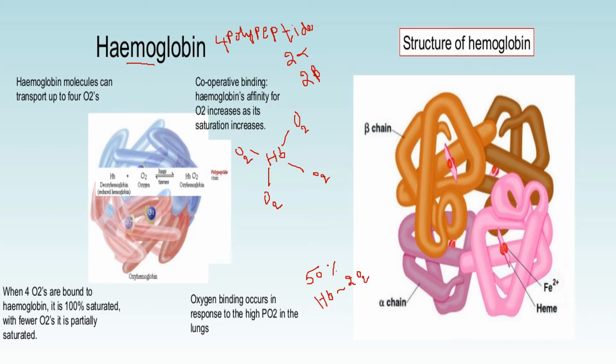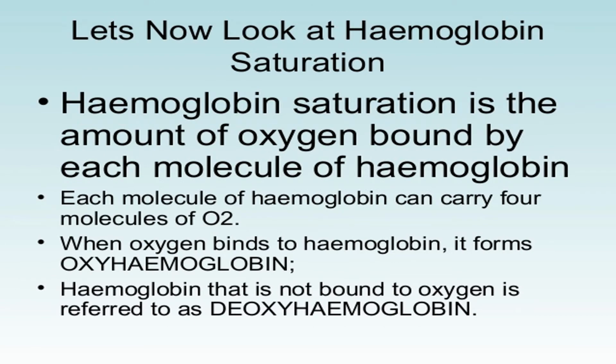If it is bound to 4 oxygen molecules, then it is 100% saturated. The hemoglobin which is bound to oxygen is called oxyhemoglobin. The hemoglobin which is dissociating oxygen and binding with carbon dioxide is called deoxyhemoglobin.